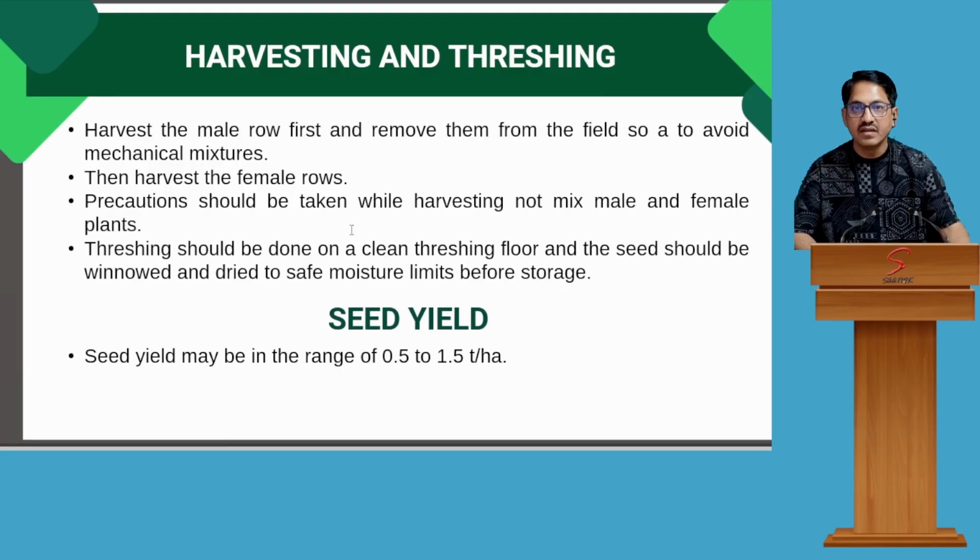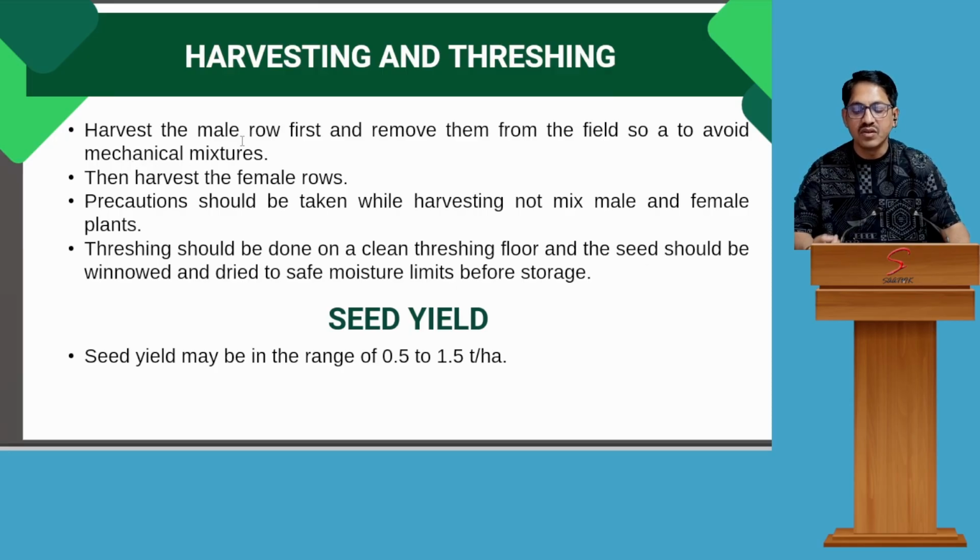Then harvesting and threshing. Harvest the male rows first and remove them from the field. Why are we taking this care? Because we are only focused on the seeds harvested from the female lines because that female line seeds are treated as F1 seeds or hybrid seed.